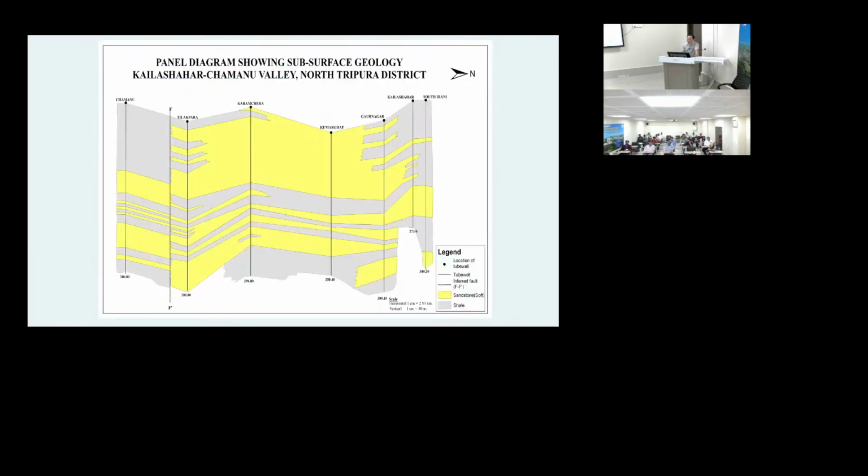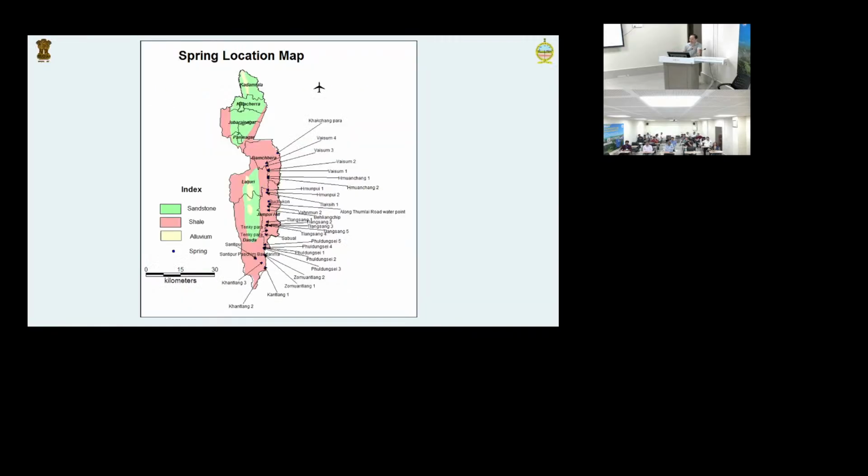This is a panel diagram showing the subsurface geology towards the Kailashahar and Dhalai Valley. The yellow indicates the sandstone, and the gray part indicates the shale, which is the impermeable strata.